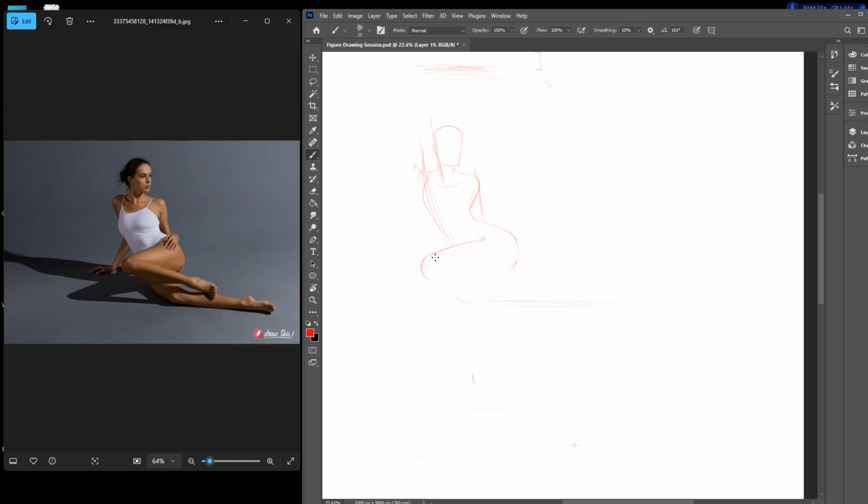I am fixing my proportional mistakes. How I do it is, I'm looking at the image and I'm comparing. For example, for the leg, I am looking at the distance, I am looking at this angle.